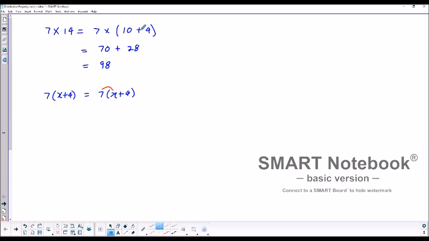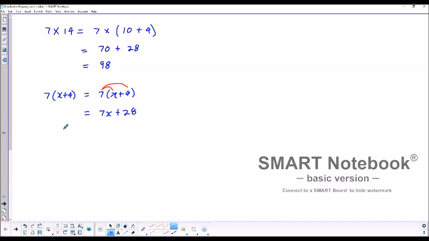And then I multiply 7 times 4. So I'm going to have now 7x plus 28. That has a similar form as this line up here.